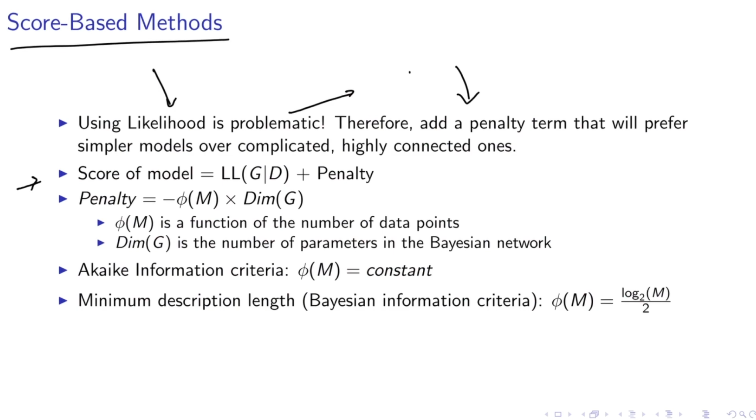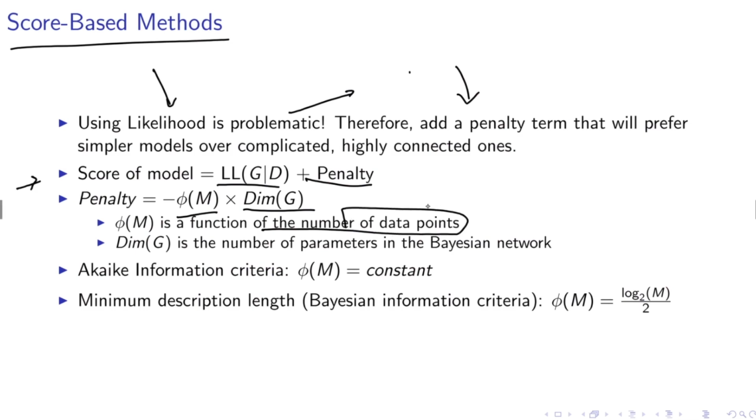In particular, we will express the scoring function as likelihood plus penalty, where penalty is given by negative of phi of m times the dimension of G, where phi of m is a function of the number of data points.